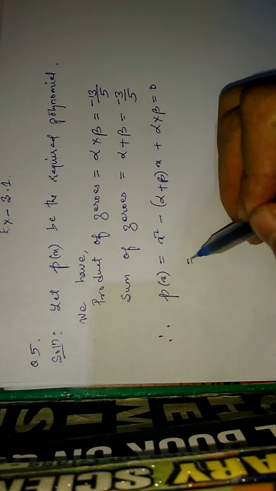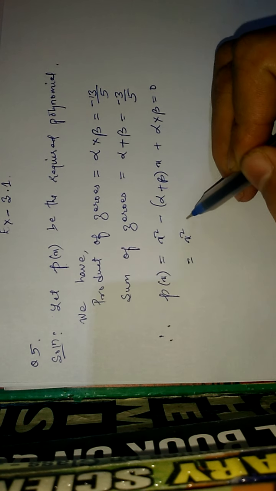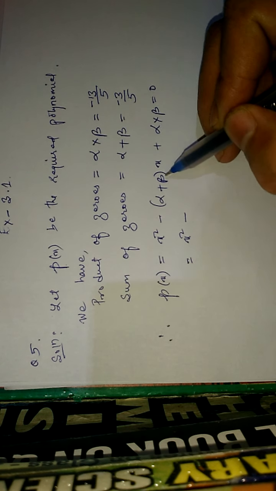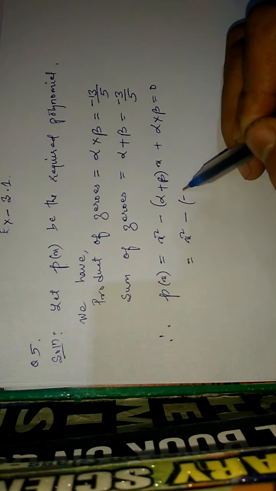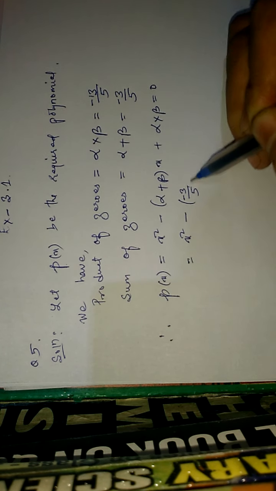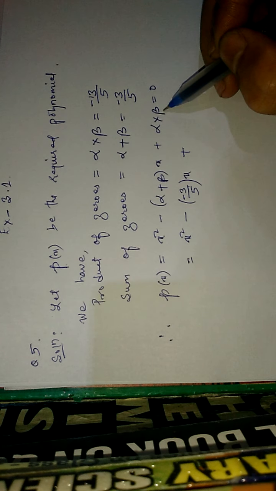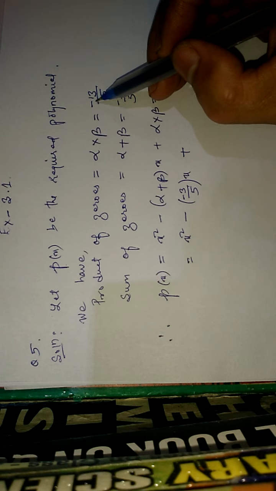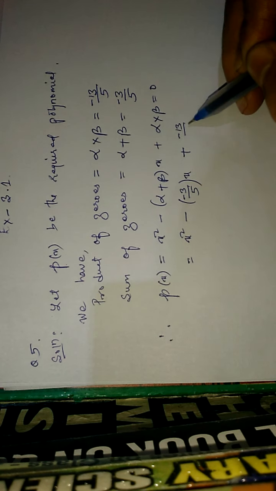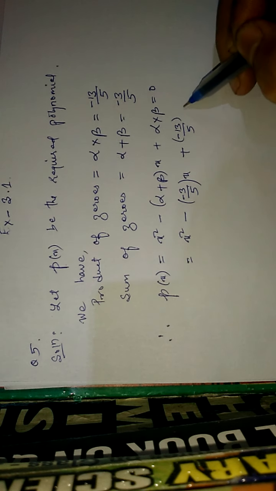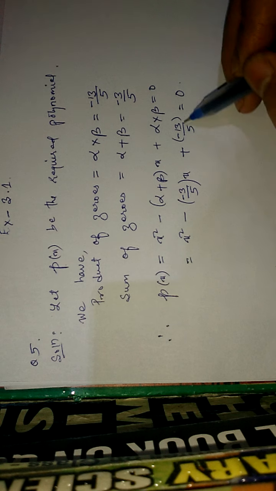So x square as it is, minus (alpha plus beta), which is minus 3 by 5, x, plus alpha into beta, which is minus 13 by 5, equal to 0.